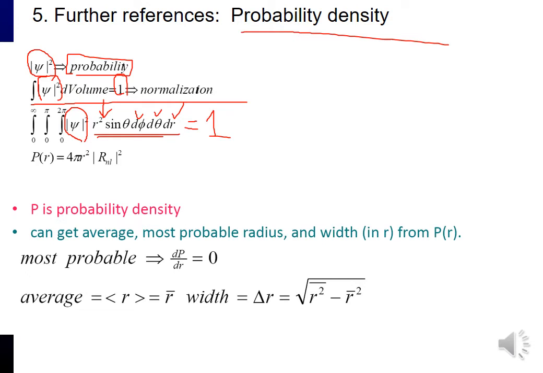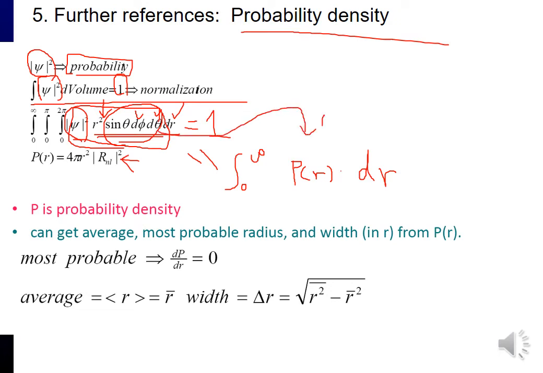It is rather complicated, but if there is no theta or phi dependence, the probability can be changed like this, a pure function of r, which means we already integrated over theta and phi.